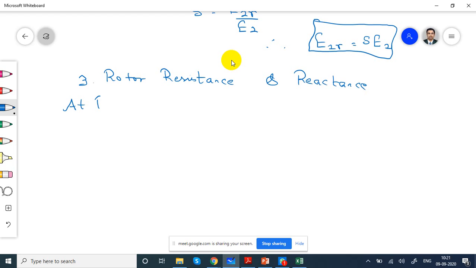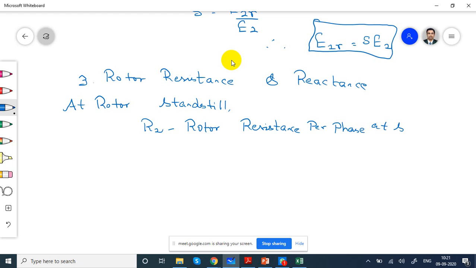At rotor standstill, we have to set the notations. R2 is the rotor resistance per phase at standstill.